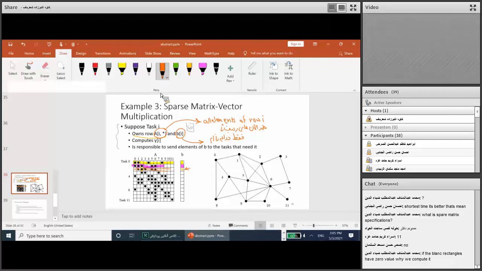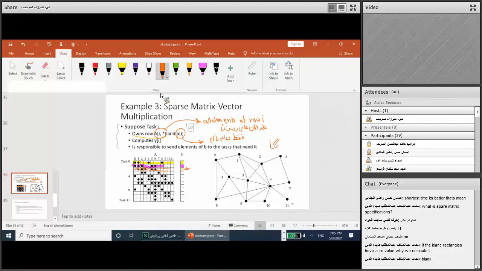Now, task 0 does not compute the zero elements. This is a general case. In the general case, each of these elements may be non-zero.